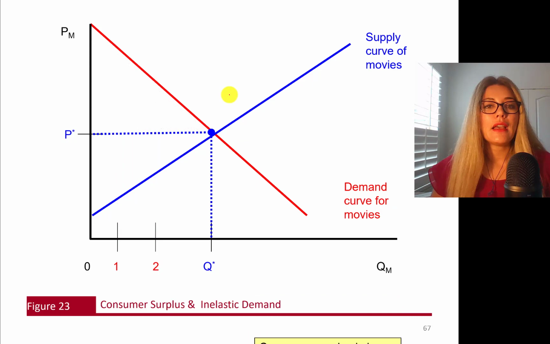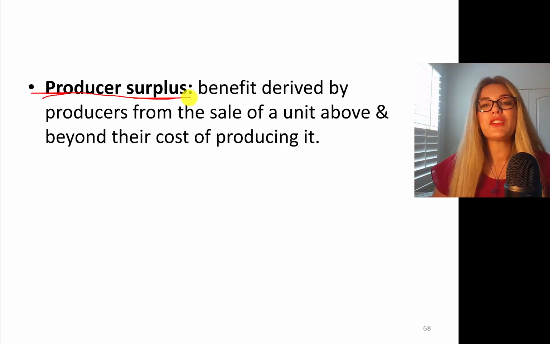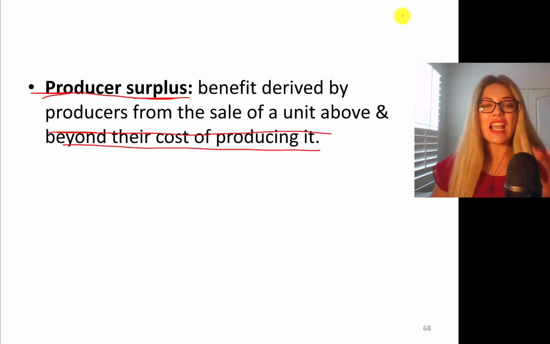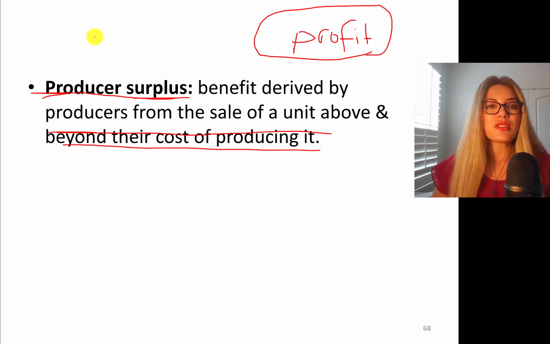Okay, producer surplus. Producer surplus is the benefit derived by the producers from the sale of a unit above and beyond their cost of producing it. I have a name for it: this is profits. Producer surplus is usually very easy to understand for students because it's basically how much it costs you.